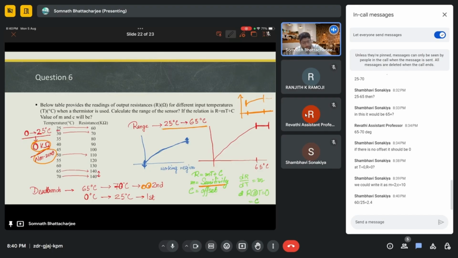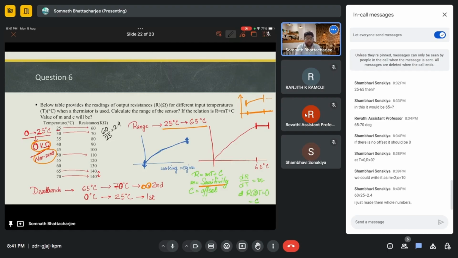Okay, so what you are doing is calculating by this, right? 60 by 25. So it should be 2.4. So how come you are saying it is 2? Why should m be 2? m can be in decimals as well, right? We can say it as 2.4. Why not? Why are we saying it as 2?